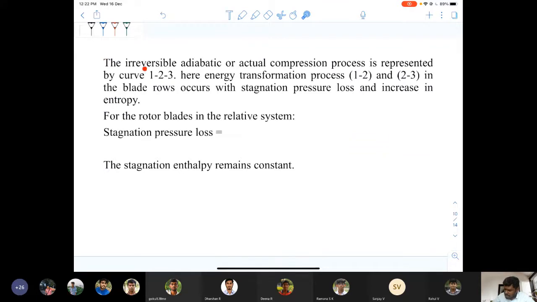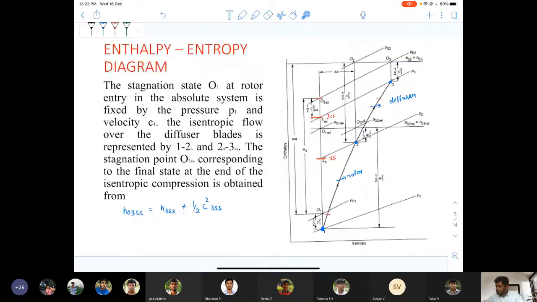Now, the irreversible adiabatic or actual compression process, that is, the actual process, is nothing but the irreversible adiabatic process. Therefore, the irreversible adiabatic or actual compression process is represented by the curve 1, 2, and 3.